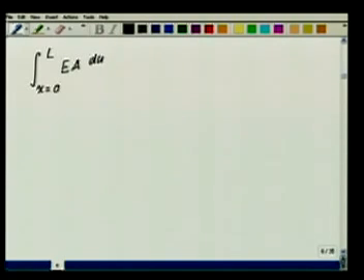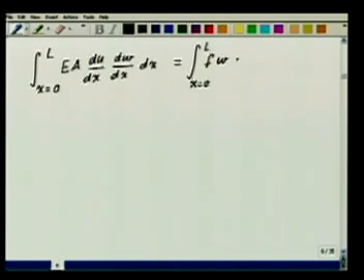The integral of EA du/dx dw/dx dx is equal to the integral from x equal to 0 to L of f w dx plus the part at the end x equal to L. At the end x equal to L, EA du/dx is equal to P. So we will put that P times W evaluated at the end x equal to L. Now minus EA du/dx times W at the point x equal to 0.